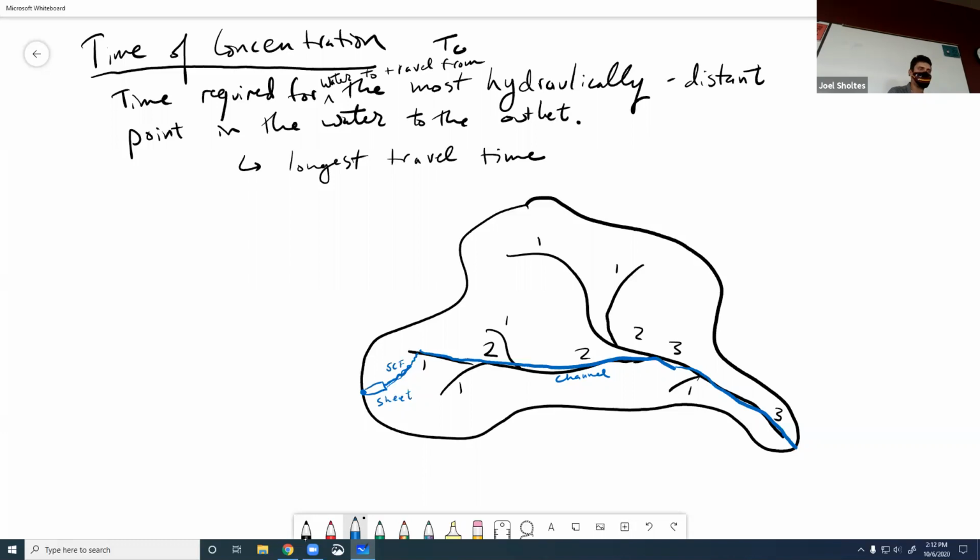So our time of concentration is going to be the time it takes to travel all these three different routes. That's a simplification, but it's how this method works. We think about it as three different routes.